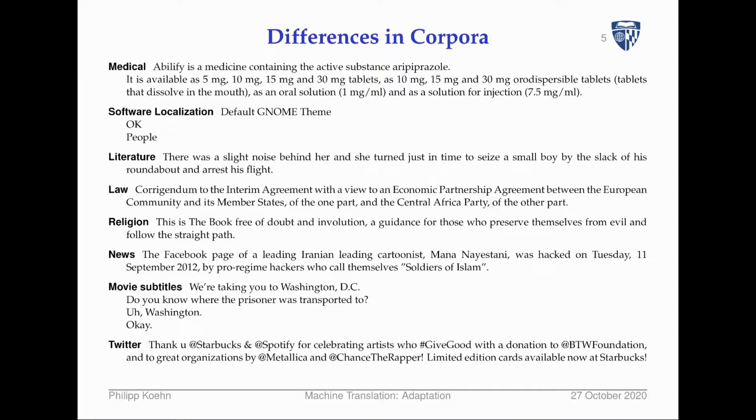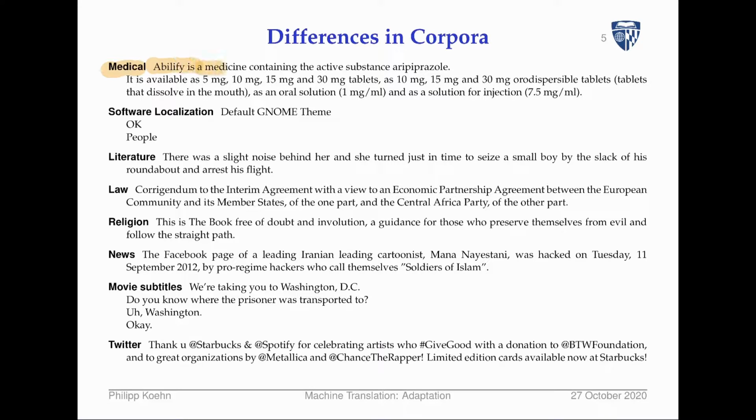To give you some sense about differences in corpora, here are some examples. Here is what I'm now calling medical. Actually, if you look at the previous slide, I don't think it exists for Italian, but it would have been called the EMEA corpus from the International Medical Association. Okay, so here's the example text.